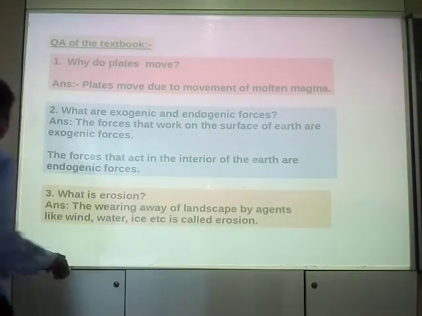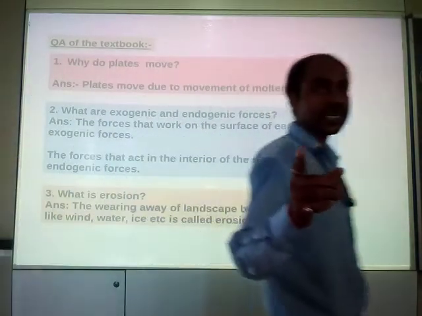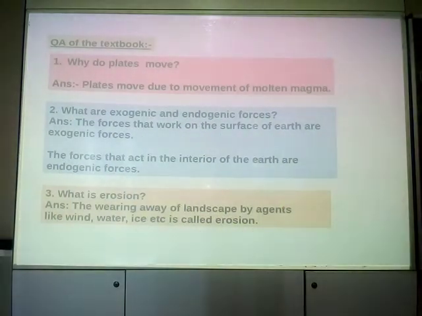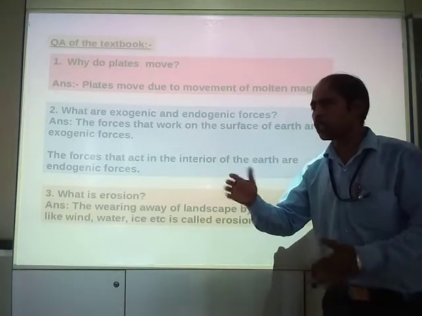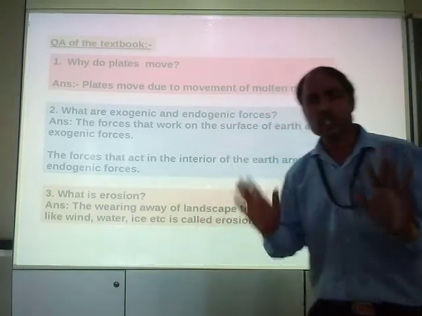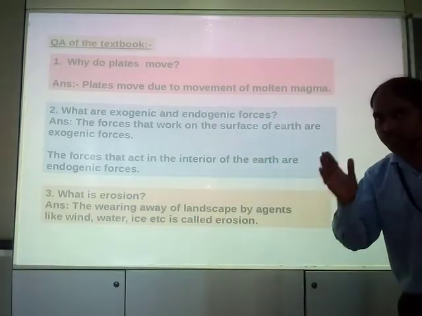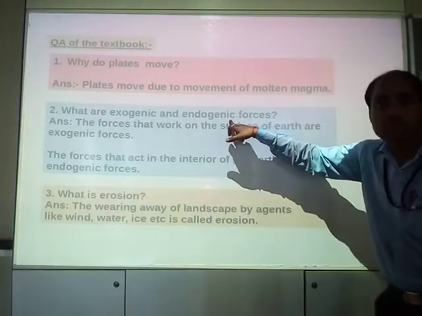What are exogenic and endogenic forces? Another question. I have already discussed this, right? All the question answers are very simple, dear. After such an explanation, you don't need any question answer to be explained, but still I am explaining so that you don't have any doubt. So what are exogenic forces and what are endogenic forces?